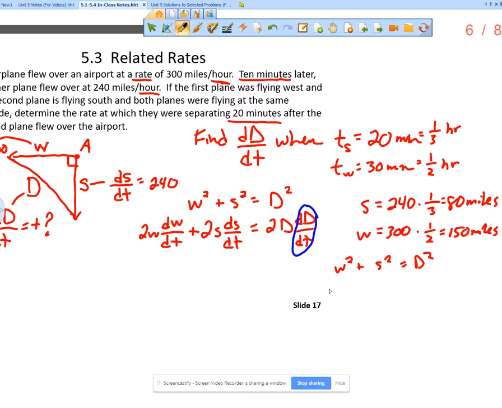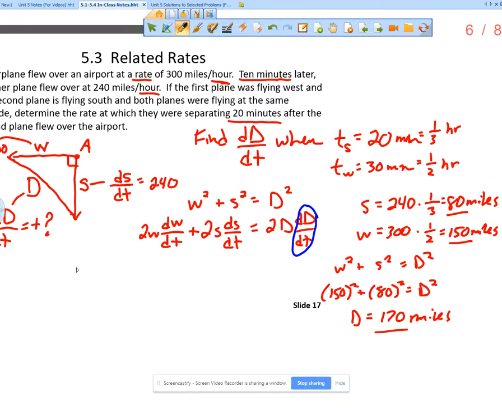So that means 150 squared plus 80 squared equals D squared. Now, I understand you could use the Pythagorean theorem, square those, add them together, square root. But this is also just an 8, 15, 17 right triangle. So D would be 170, however you cut it. And so now we know S, we know W, and we know D, 170 miles. And so we can put those pieces in and solve for dD/dt.